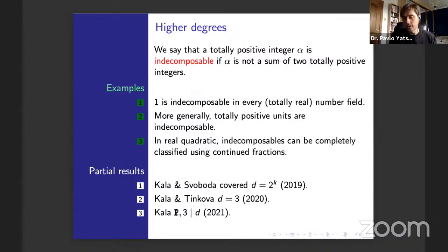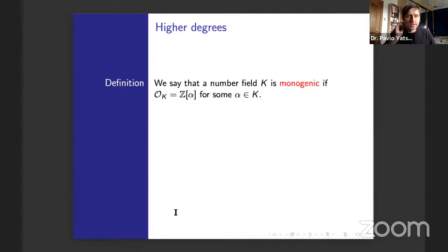So I want to present to you a slightly different result, maybe, for higher degrees. First of all, we need to work with monogenic number fields. A number field is monogenic when we have integral power bases, so when the ring of integers is exactly Z adjoined some algebraic integer alpha.